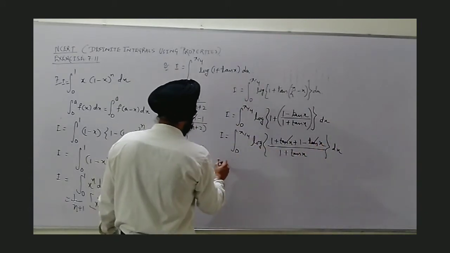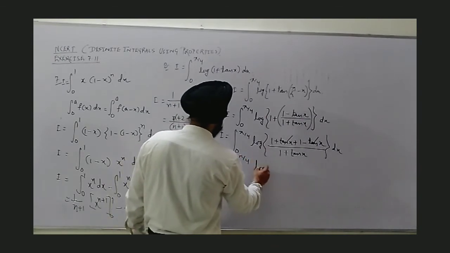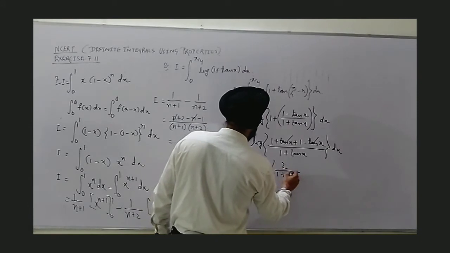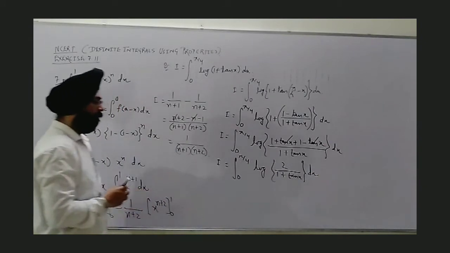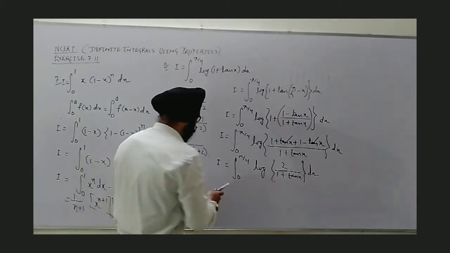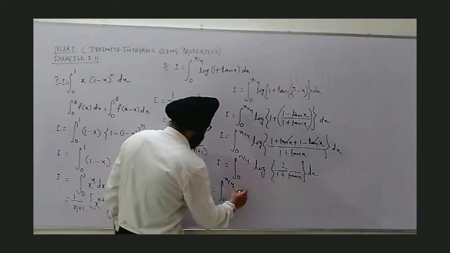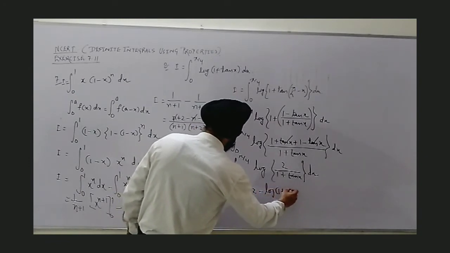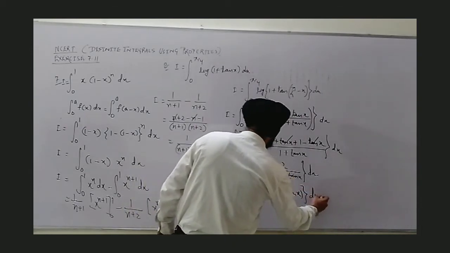These two terms cancelled out. We are left with the value of the integral as 0 to pi by 4 log of 2 upon 1 plus tan x dx. This is the result we have obtained. We can apply the property of log, and we can rewrite the function as 0 to pi by 4 log of 2 minus log of 1 plus tan x dx.